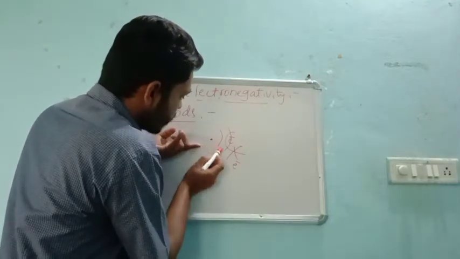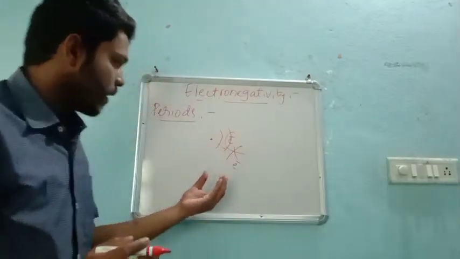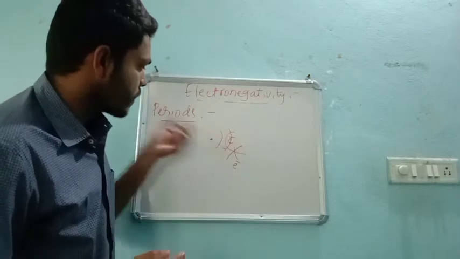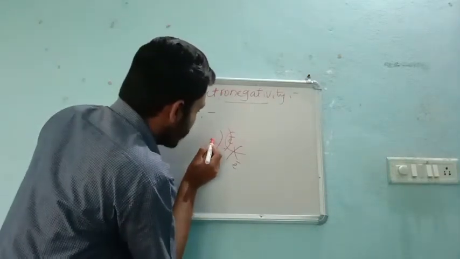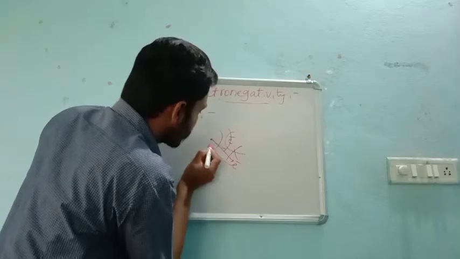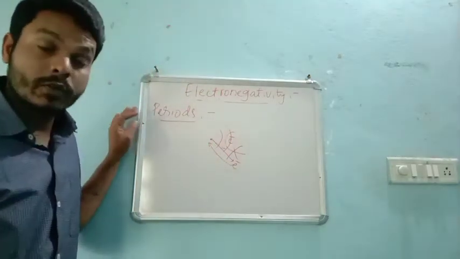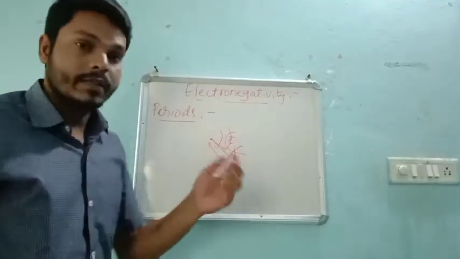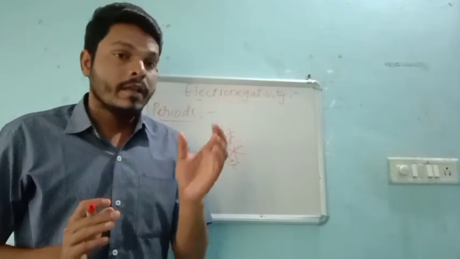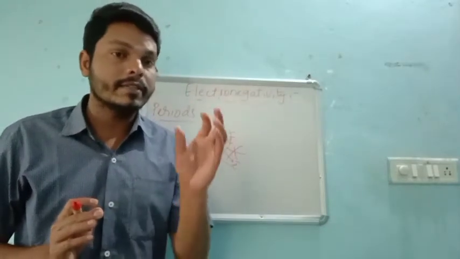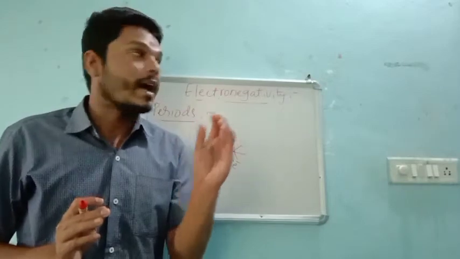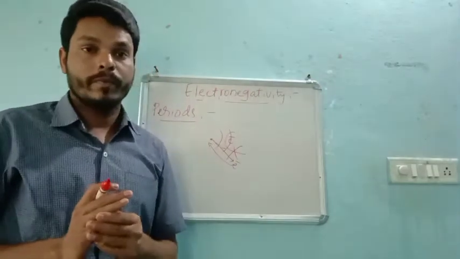The size of the element is this much, so the nucleus can drag these electrons towards itself very easily. So very simply we can say those elements having less size are more electronegative.